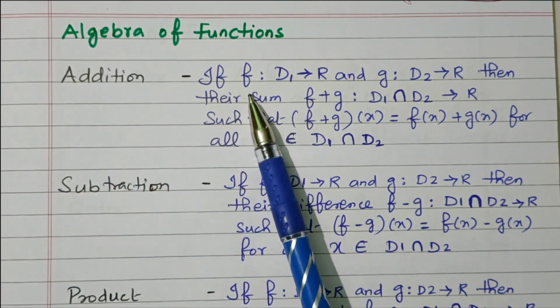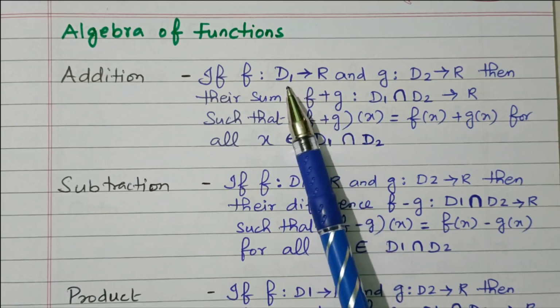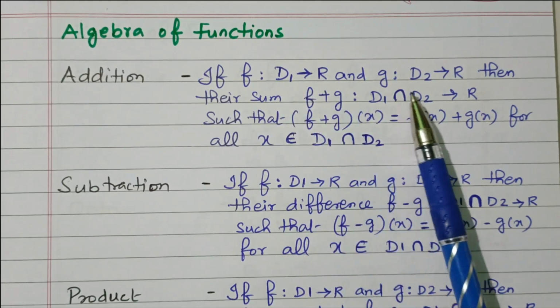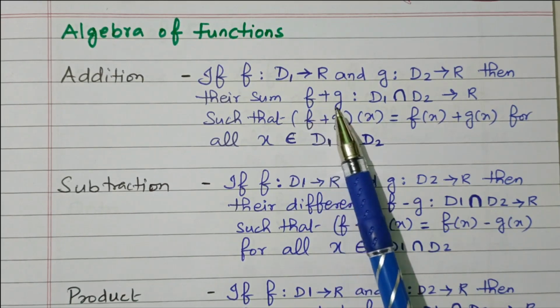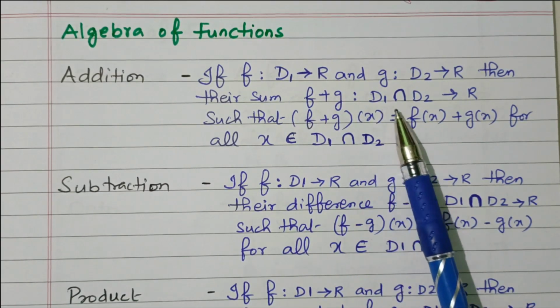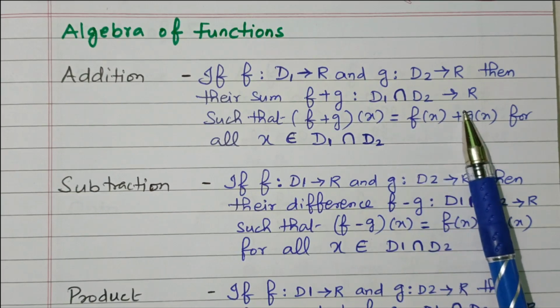The function f is available, D1 relates to R. Function g is available, D2 relates to R. While adding the two functions f plus g, we have D1 intersection D2 relates to R, right?